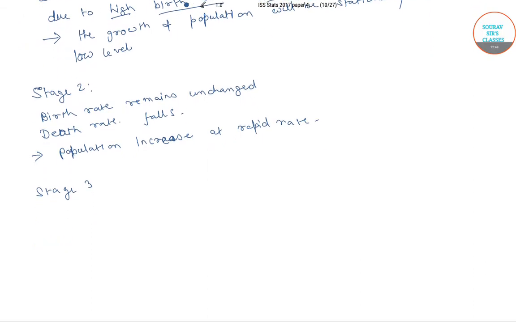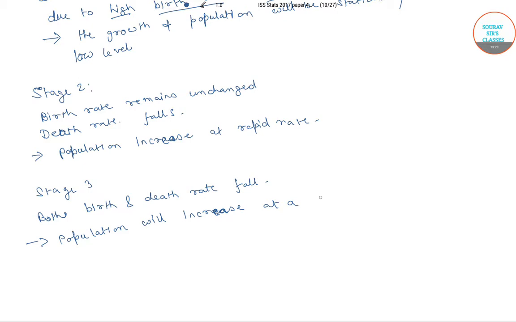So both birth rate and death rate will fall, and the population will increase at a decreasing rate.